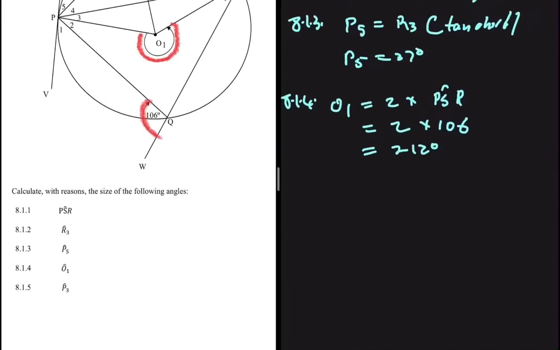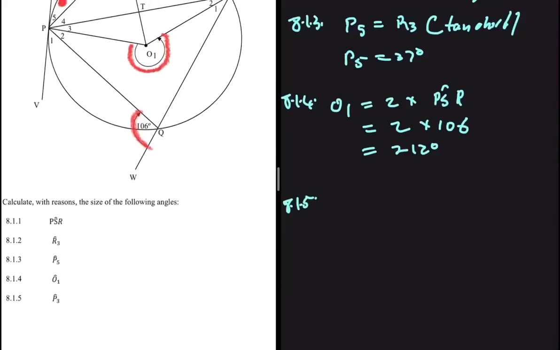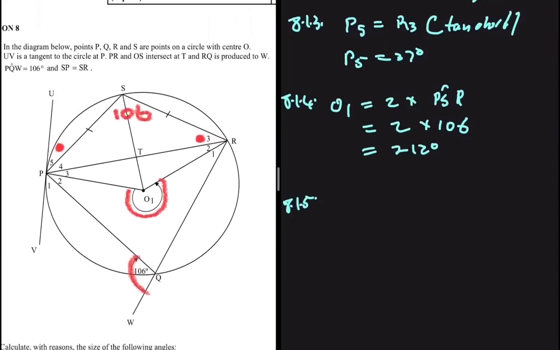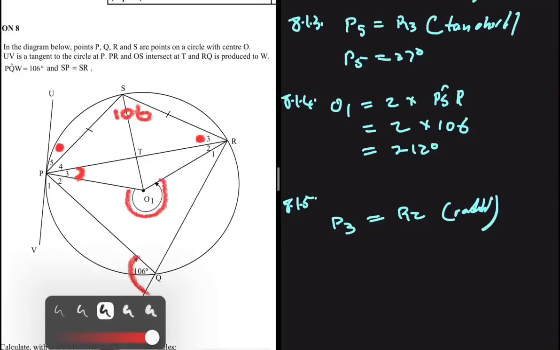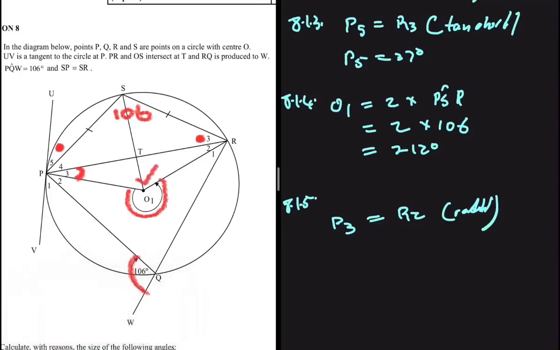Let's look at 8.1.5. We're looking for the size of angle P3. That should be easy to compute. Why am I saying that? P3 is equal to R2 because they are all radii. And if we have the size of angle O1, then we have the size of angle POR.